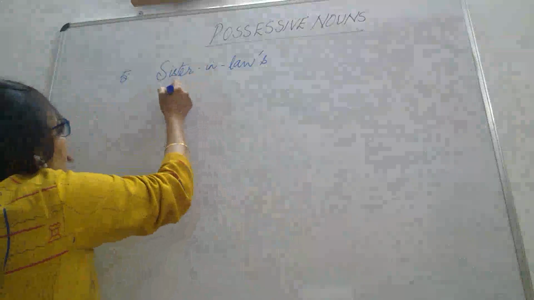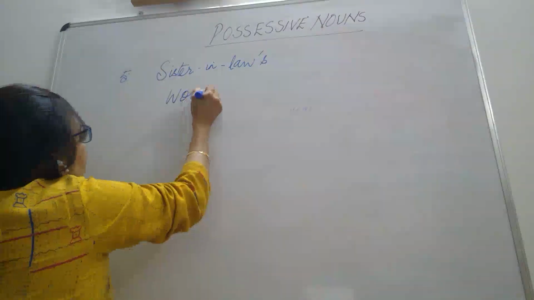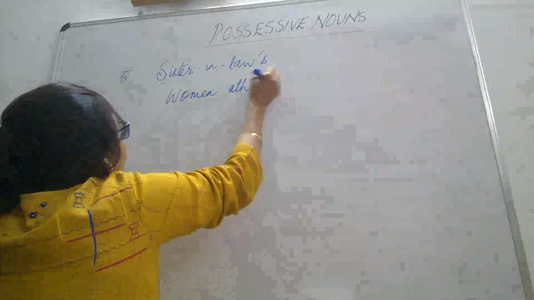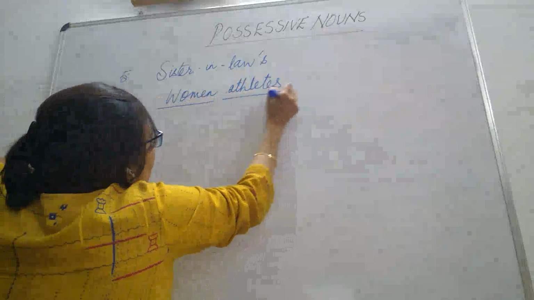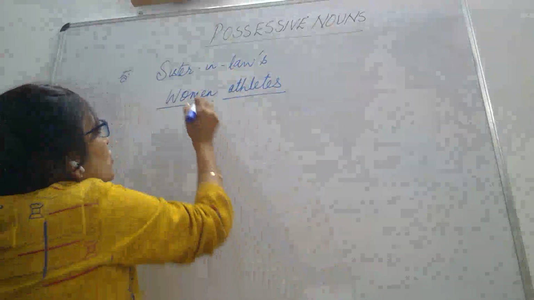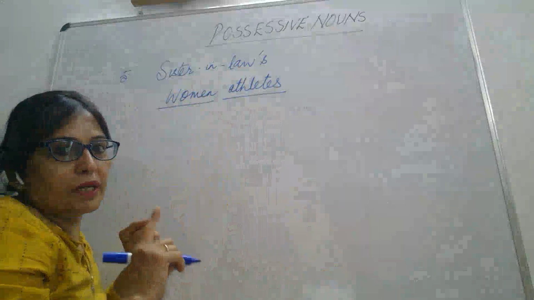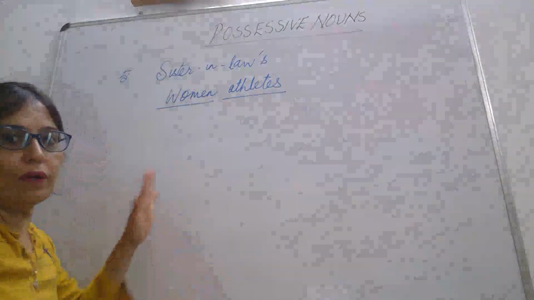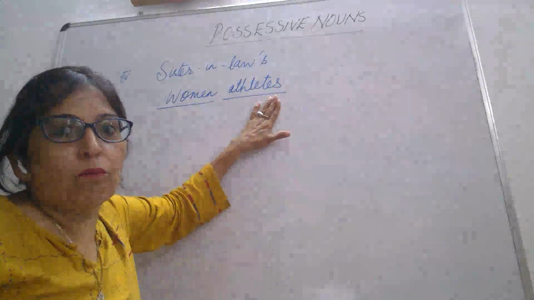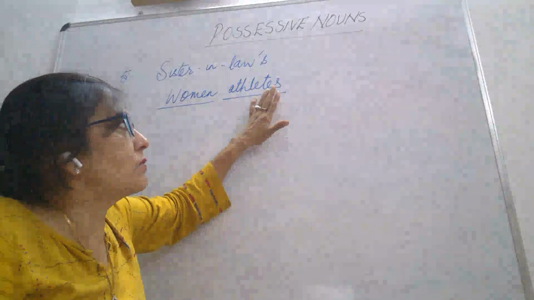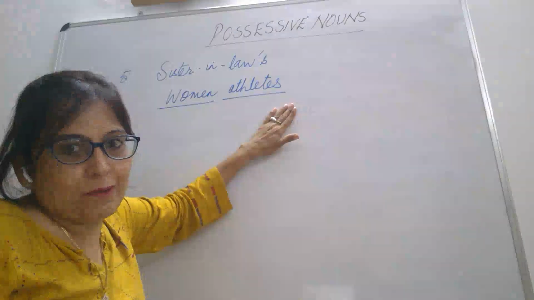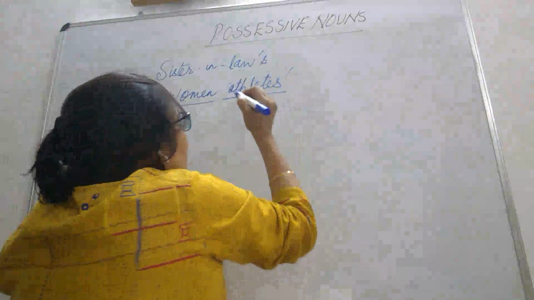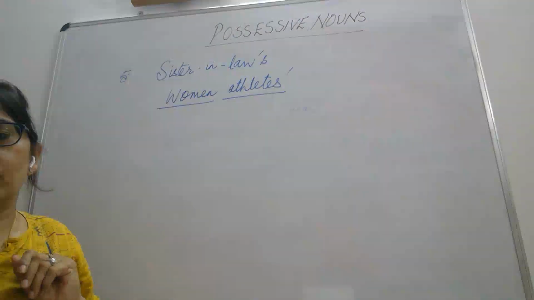Now, for example, we have women athletes, right? This is also a compound noun, and I told you when we make it plural, we change both of them into women athletes. Now I told you the rule for making possessive in the case of words which end with S. So this athletes ends with S, so we make it possessive by just adding an apostrophe.